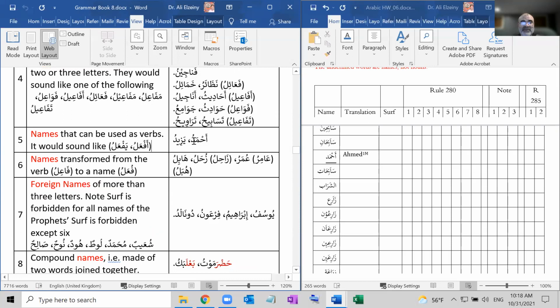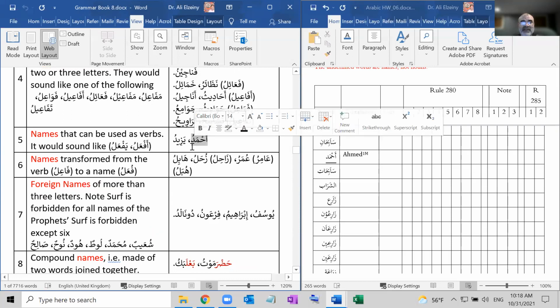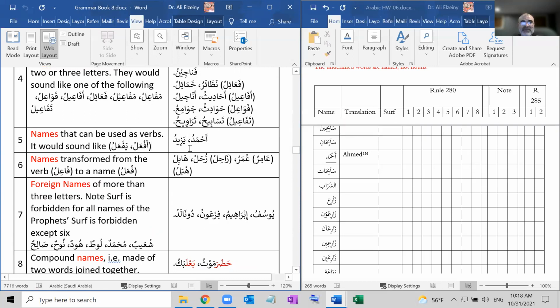Why? Because look here, you can say, I Ahmadullah, which means I praise Allah. So Ahmad can be used as a verb, which is praise Allah. So it can be used not only as a noun, as a name, but it also can be used as a verb.